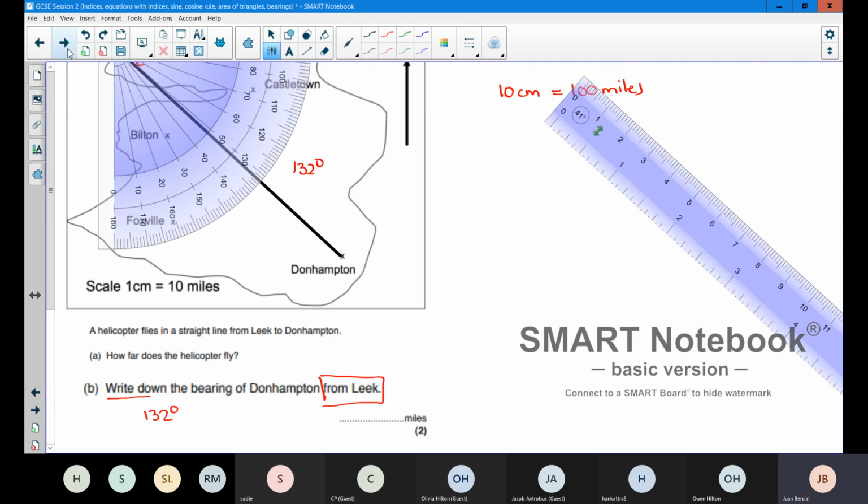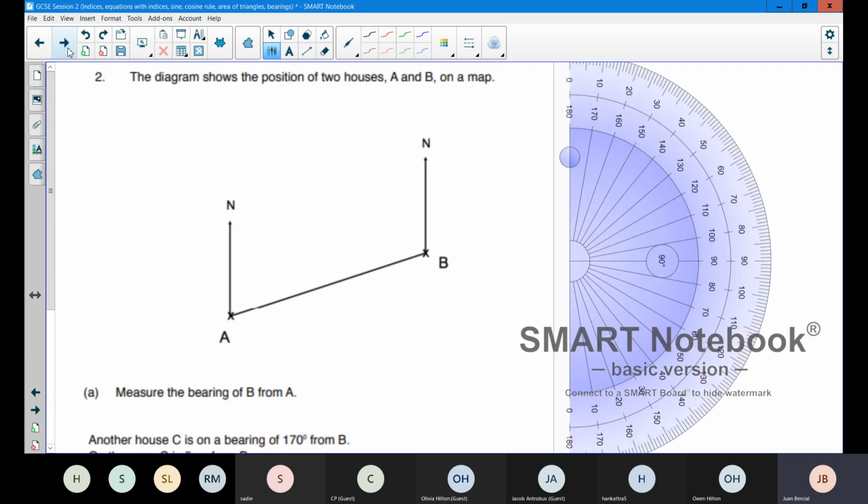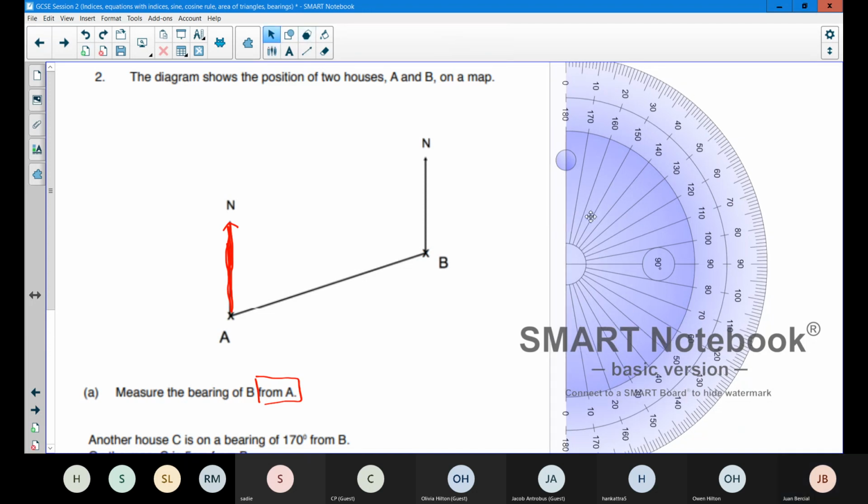Okay, let's do another one of these. Here we've got two houses, and it says the bearing of B from A. That means I am measuring from A, so that's my north. So it's B from A, and from A means I get my protractor over there.